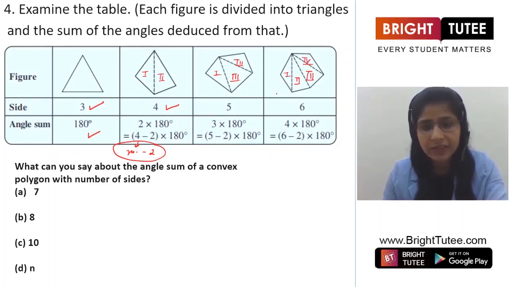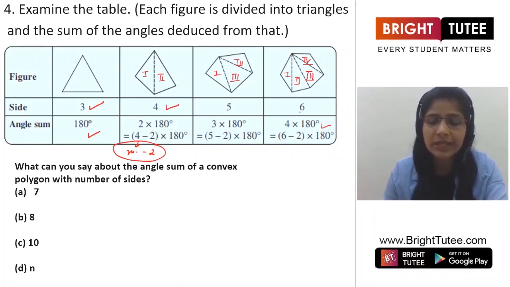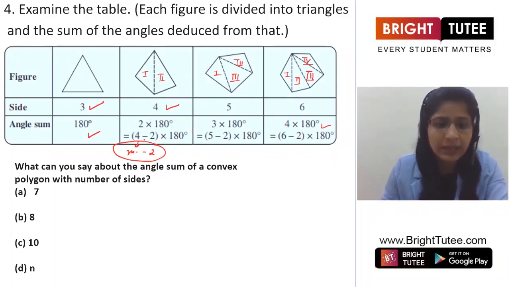Each triangle's sum of angles is 180 degrees, so it is multiplied with 4. This will give us the total interior angle sum for this hexagon. And 4 can be written as 6 minus 2. So everywhere, what we are doing is number of sides minus 2, and we are multiplying it by 180 degrees so that we get the interior angle sum.